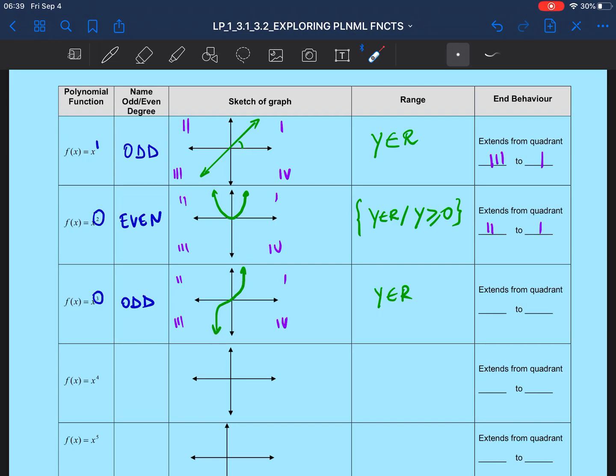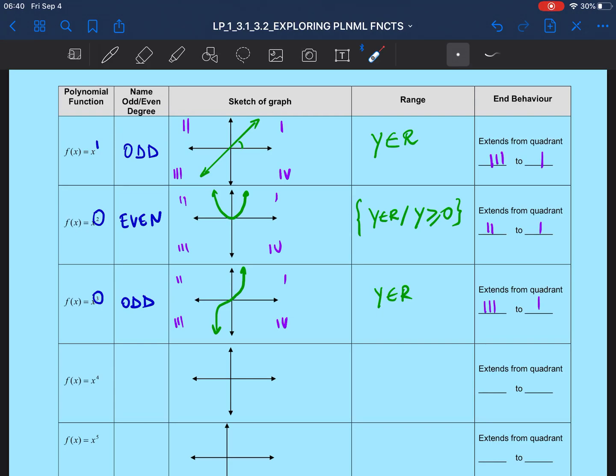And we're going to say that the end behavior is that of a function that extends from quadrant 3 to quadrant 1. You probably noticed some patterns that start appearing in here. So first degree, third degree, they extend from one quadrant to another, from quadrant 3 to quadrant 1. So it's the same end behavior, and the reason why is because of the power, which is odd.